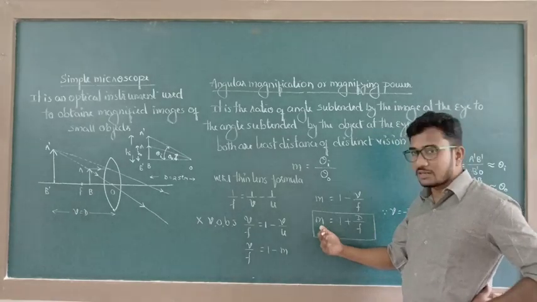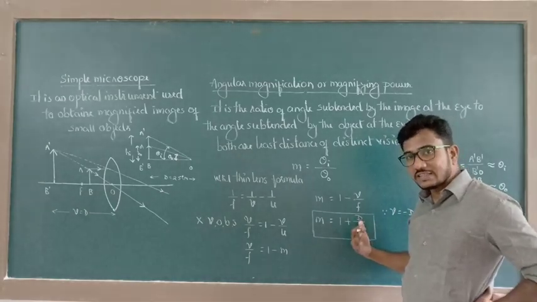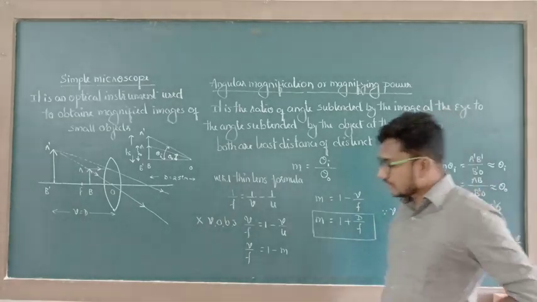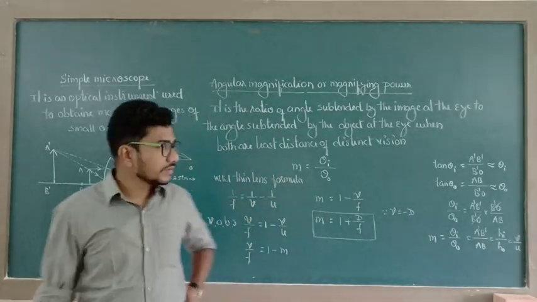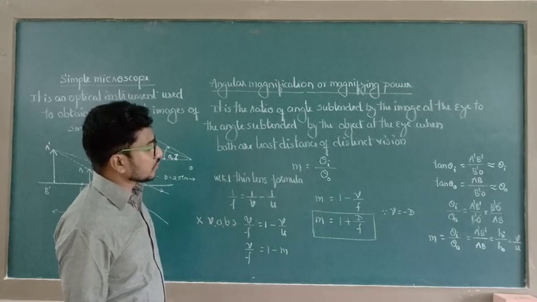Here M is nothing but magnification or angular magnification or magnifying power, D is the least distance of distinct vision, F is the focal length. So this is the case, the angular magnification of a simple microscope when the final image is at the least distance of distinct vision.